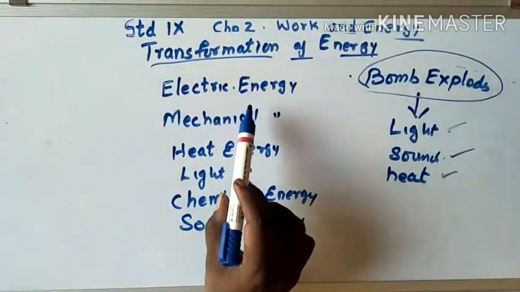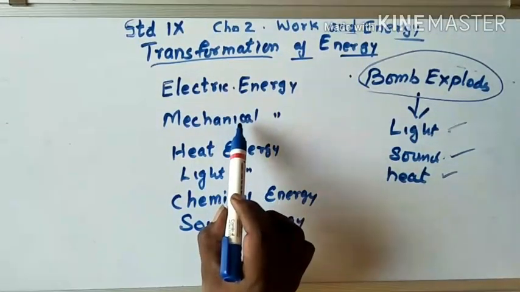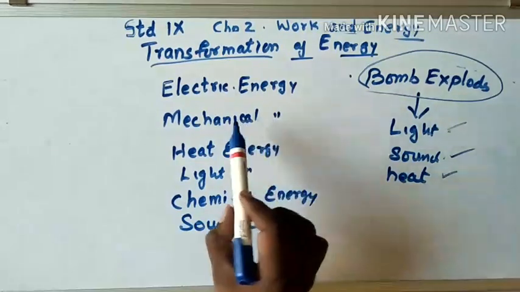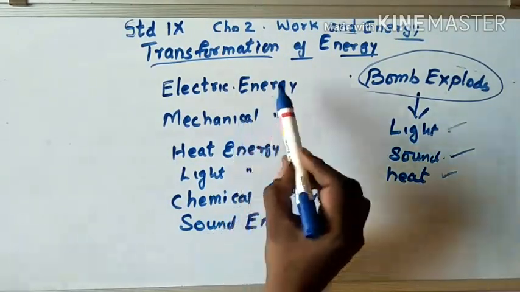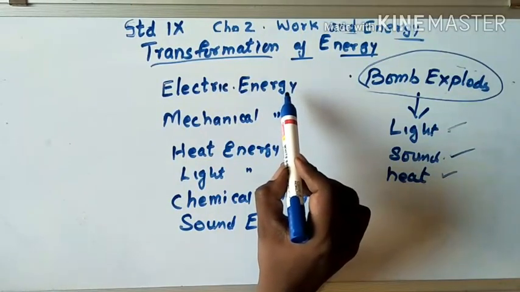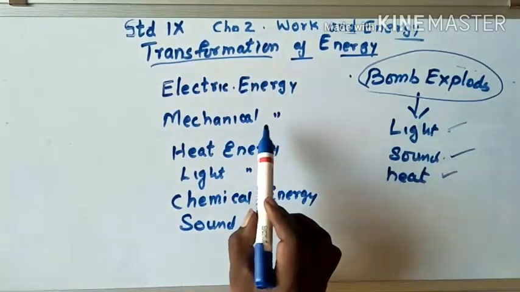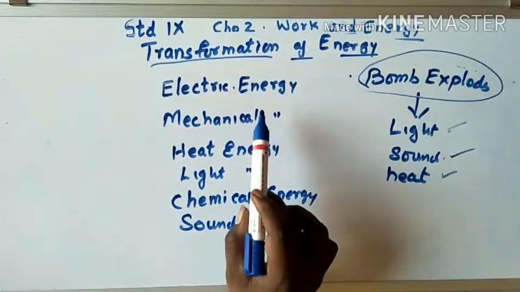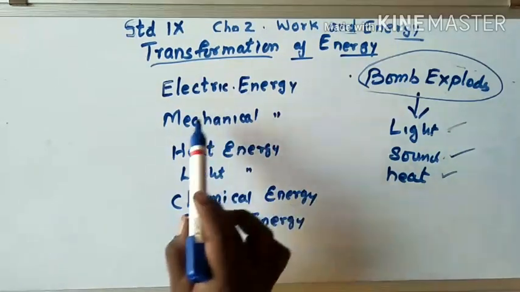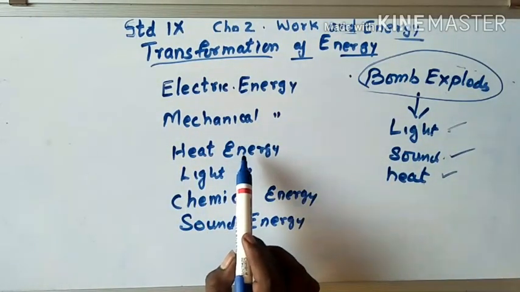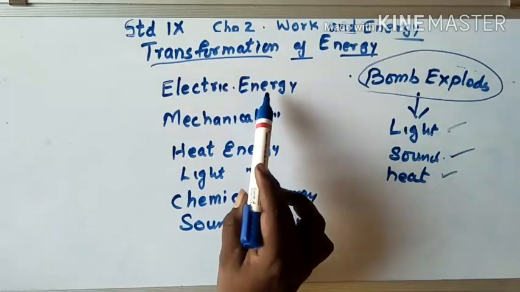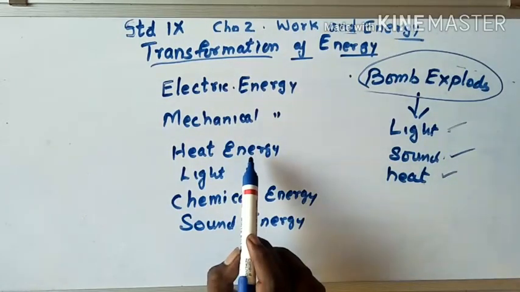Electric energy can be converted into mechanical energy, for example engine and fan. Mechanical energy can be converted into electric energy, for example a generator. Electric energy can be converted into heat energy, as in a heater or electric iron.